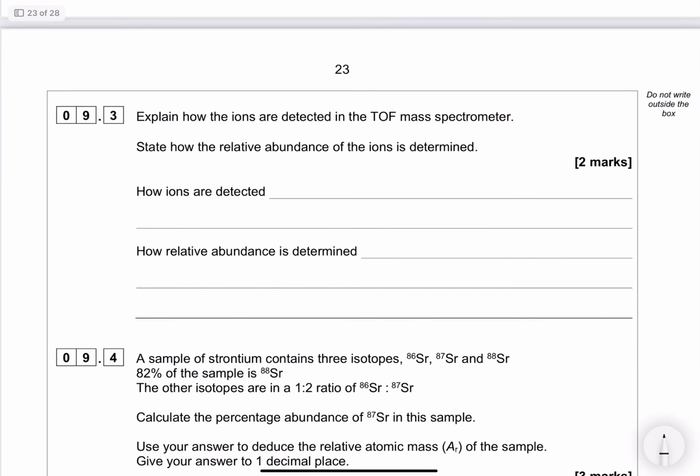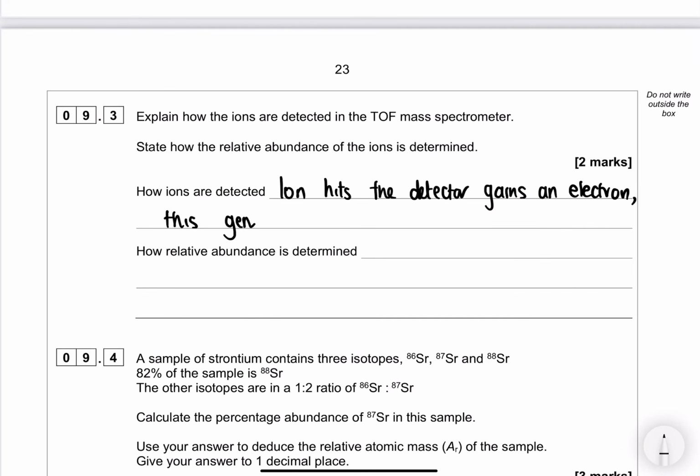Explain how ions are detected in a TOF mass spectrometer and how their relative abundance is measured. So when the ion hits the detector, it gains an electron, and this generates a current at the detector.